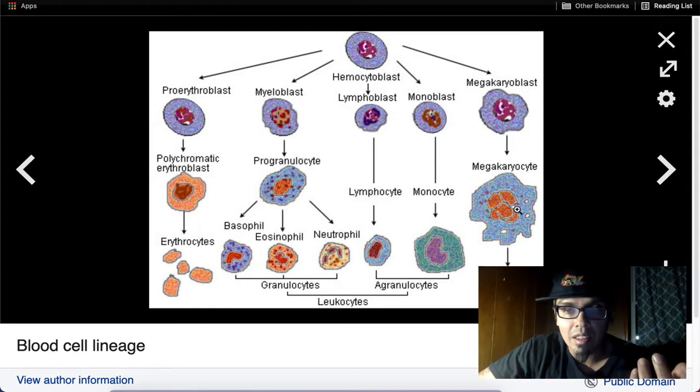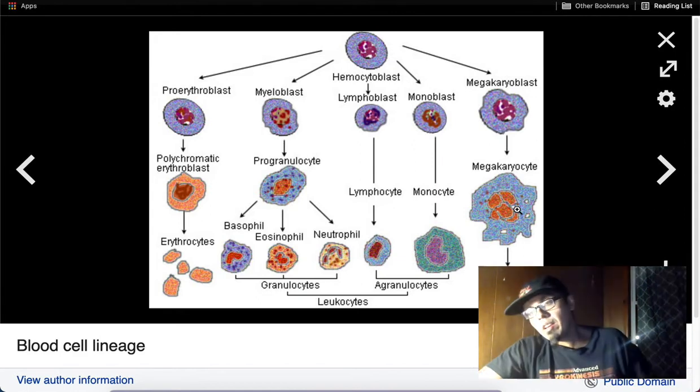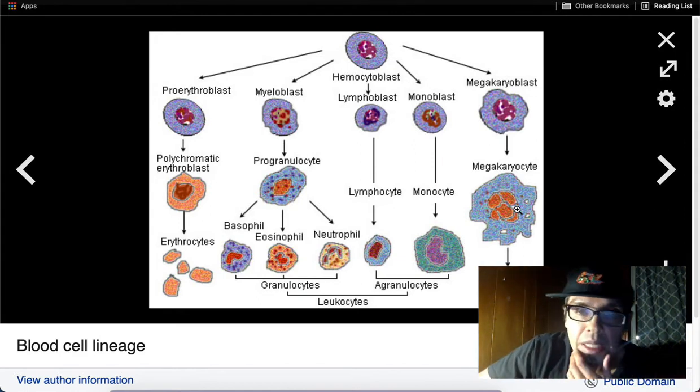So they allow clotting to occur, and they form clots on the skin and everywhere where a clot can be formed. So where do they come from? Platelets are actually pieces of megakaryocytes that blow up.